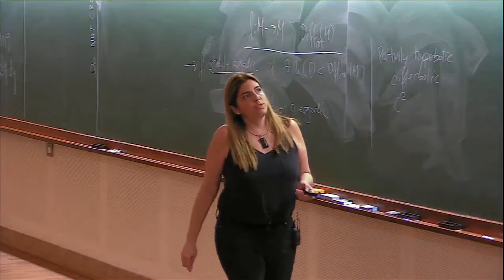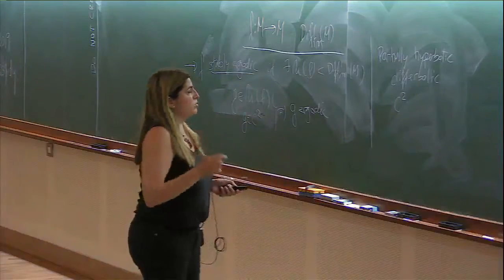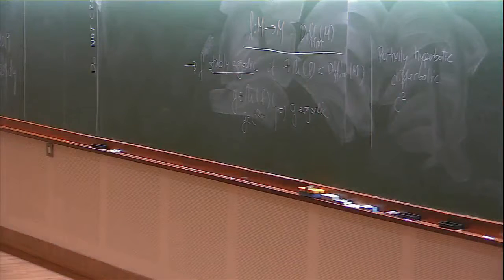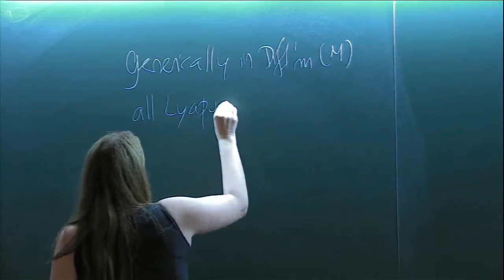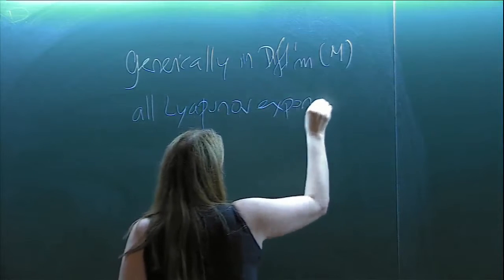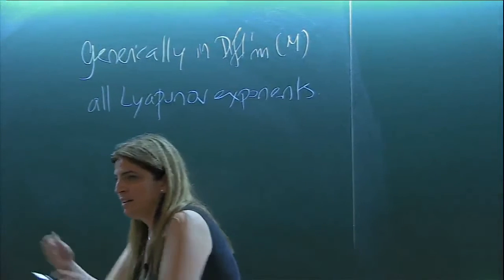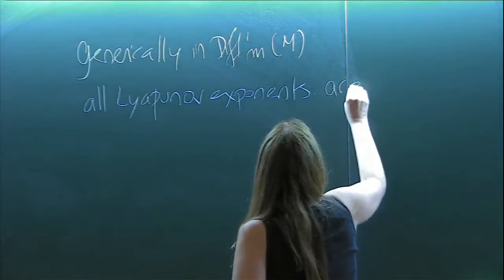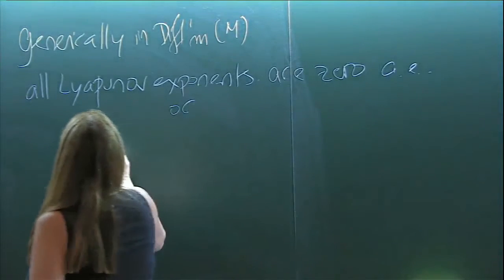In fact, in dimension 3. And what does this mean? This is the metric entropy, but another way to state it is that generically, in the set of C1 diffeomorphisms, you have a dichotomy: either all Lyapunov exponents, you know what Lyapunov exponents are, they have been defined in Marcelo's talk and in Stefano's talk, all Lyapunov exponents are 0 almost everywhere, or you have stable ergodicity.